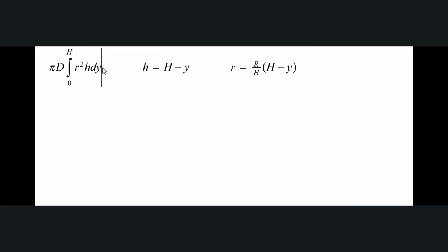So now we are evaluating this integral. Let's go ahead and substitute these values that we had obtained in the previous screen. So for r, we got this quantity, and we'll go ahead and square it.